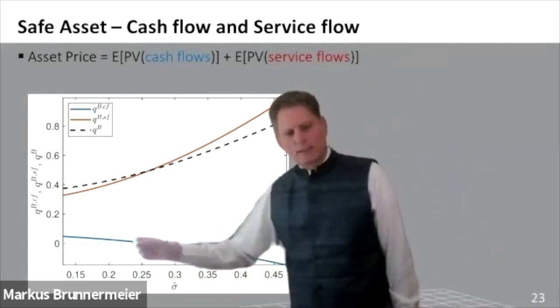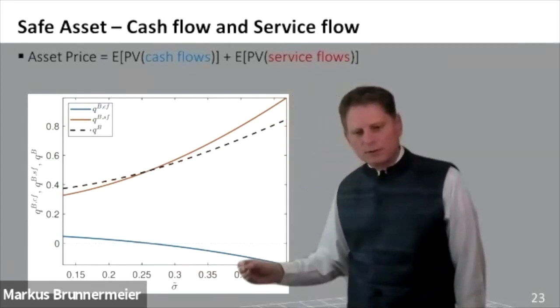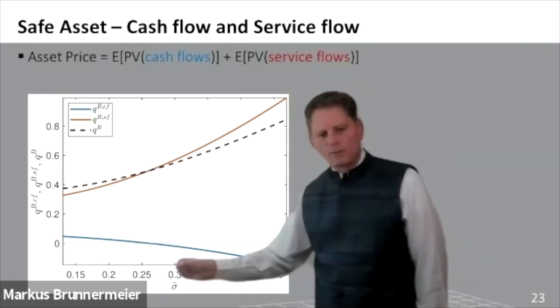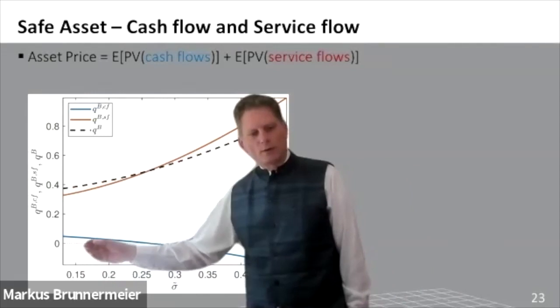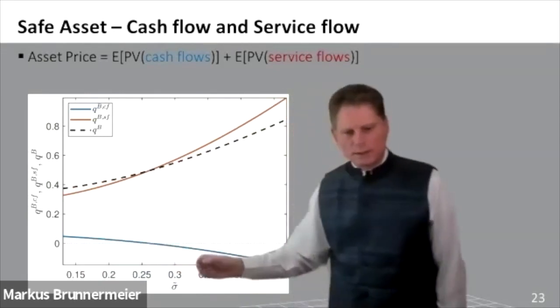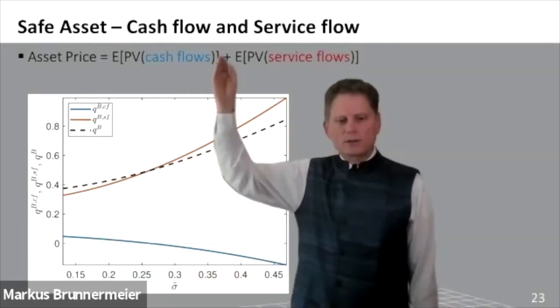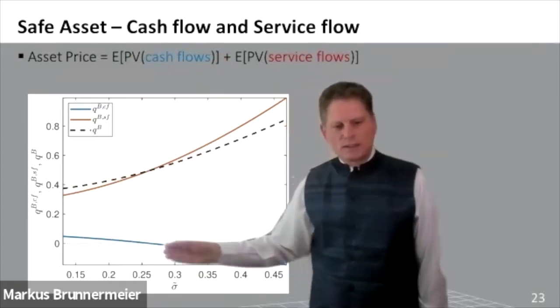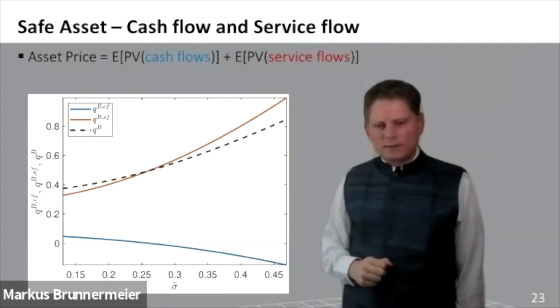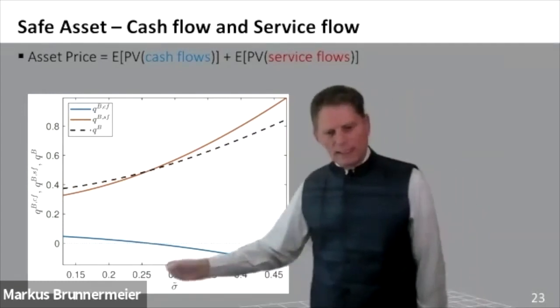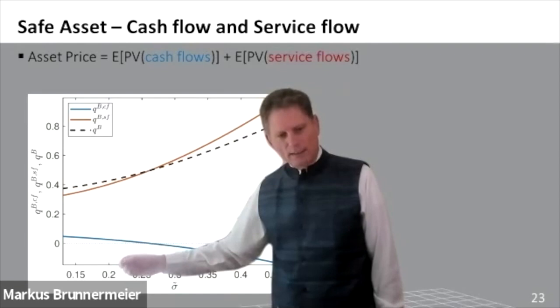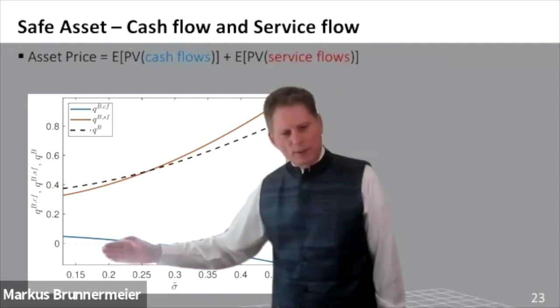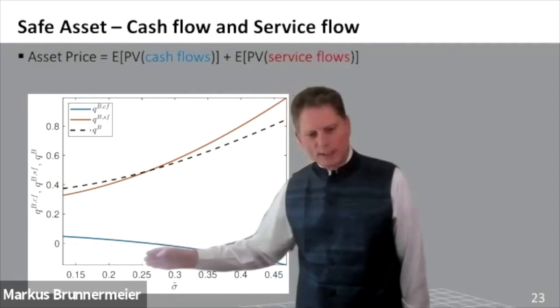You get into debt in a recession, so the surpluses are negative, and in a boom phase you pay off your debt. That's the blue thing here. If you only used traditional asset pricing, you would only value that, and you'd say that's the value of the asset. So the cash flow term, I should correct myself, is the present value of all the cash flows.